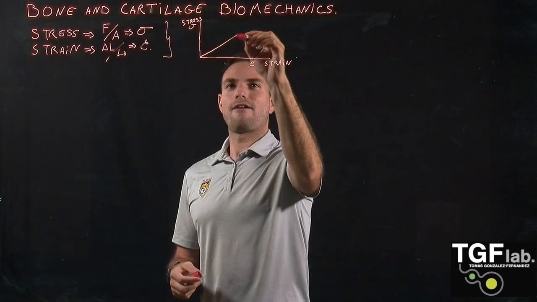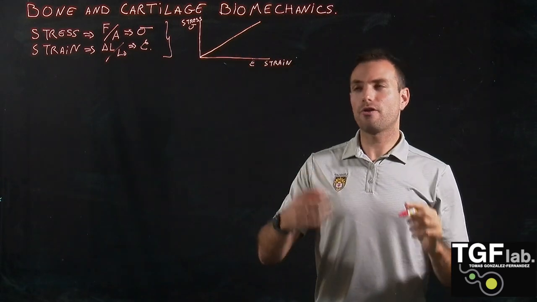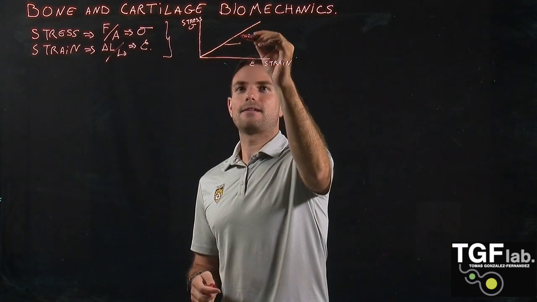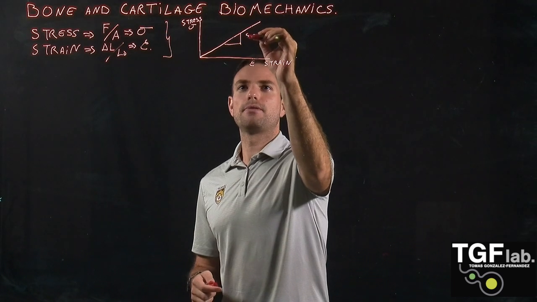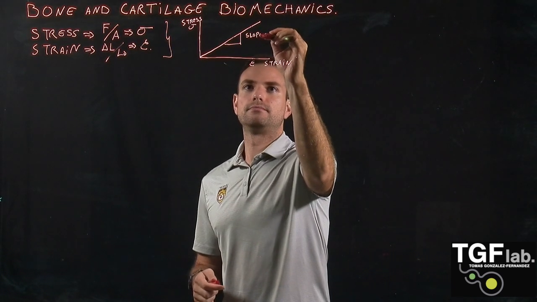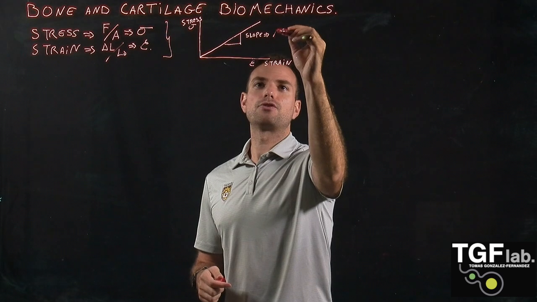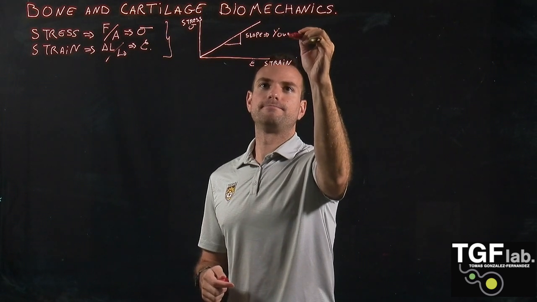And then we'll have here a curve, and this line is going to have a slope. The slope is going to be the Young modulus.